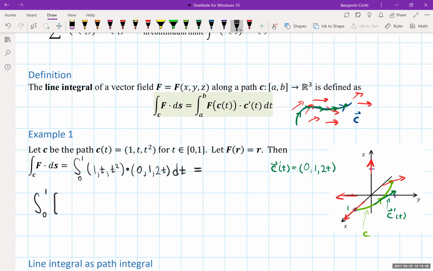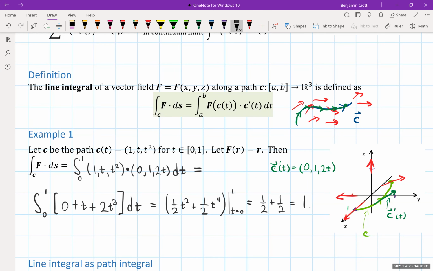So taking the dot product, we get, let's see, 0 plus t plus 2t cubed. Performing the integration, we get 1/2 t squared, and then 1/2 t to the 4th. This is 1/2 plus 1/2, which is 1.